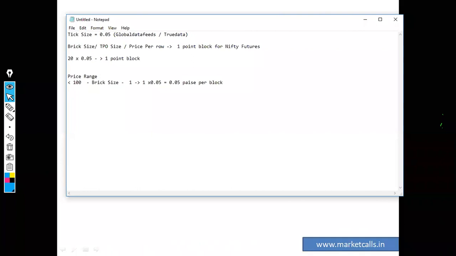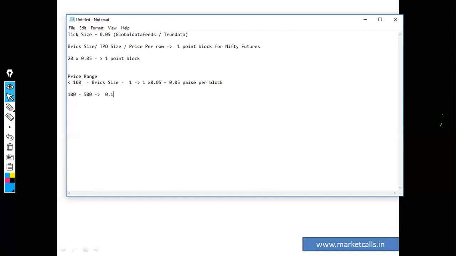Right? So let's say your price is somewhere between more than 100 but less than 500. In that case, I prefer using a brick size of 0.25 or 0.2, whichever you prefer, you can use it.